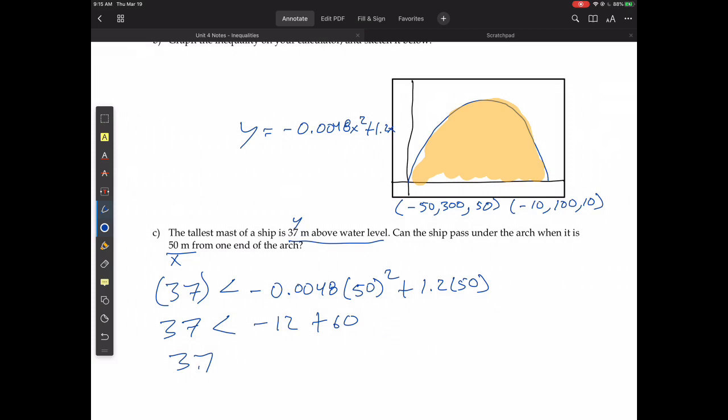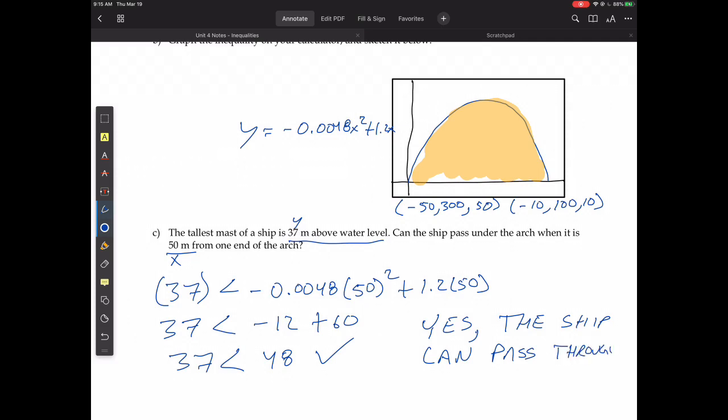So 37 is less than 48, which is true. So yes, the ship can pass. If I look up at my graph, that point is going to be somewhere in this region here, where it is going to work at 50 and 37.